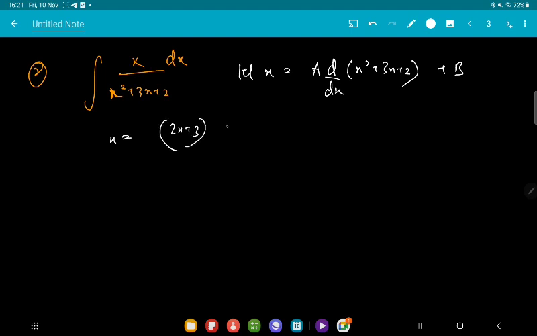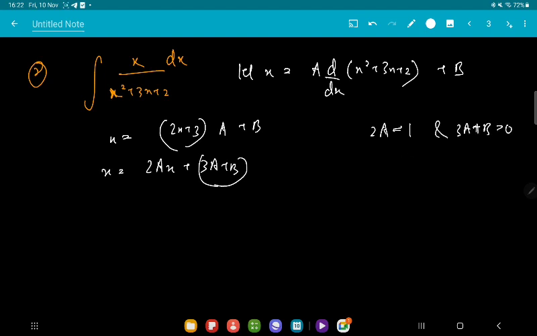x plus 1 equals A(2x plus 3) plus B, which is 2Ax plus 3A plus B. All the constants are on one side: 2A equals 1 and 3A plus B equals 0. So A equals 1 by 2 and B equals minus 3 by 2, I'm getting.